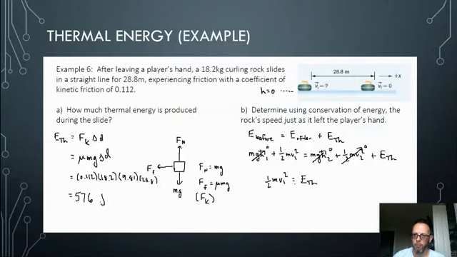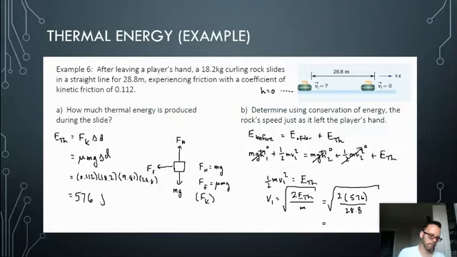And we calculated that, so we can actually find V1. We'd multiply by 2, divide by the m, and then square root. Let's squeeze this in and finish it off. 2 times 576 divided by the mass, 28.8. And root, about 6.32 meters per second.